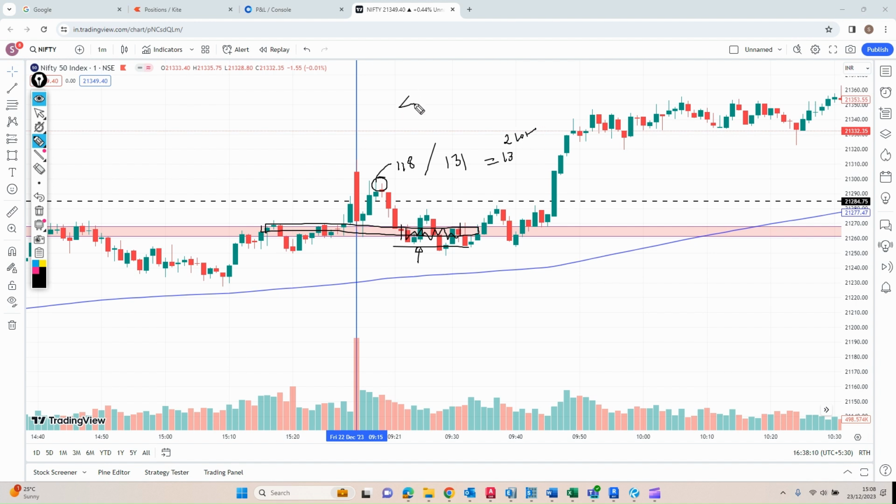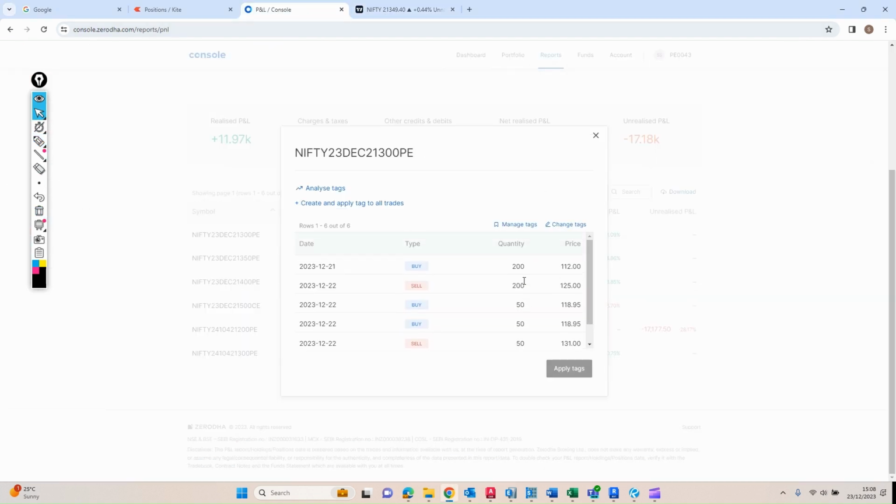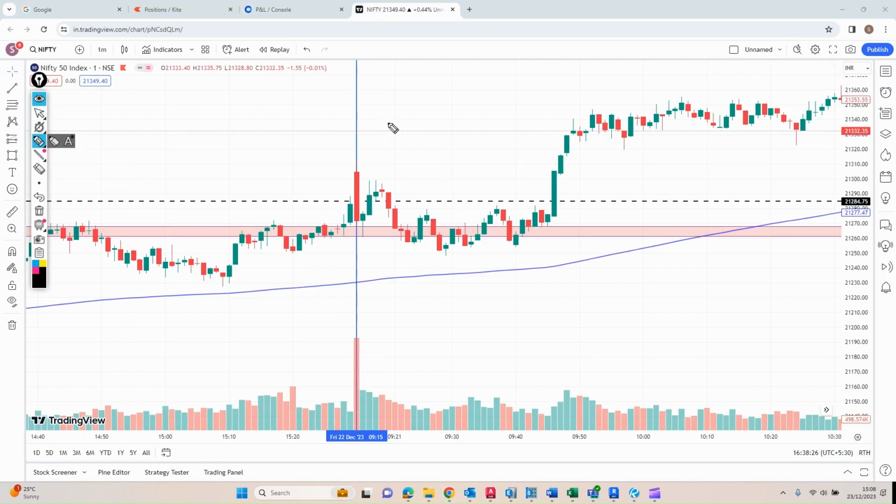However, I had four lots overnight at an average price of 112, I guess. Let me go to the chart here. 112 was the price. So 112 to 125, and then I entered at 118 and closed at 131. Overall I made around 3000 from this trade, I guess.